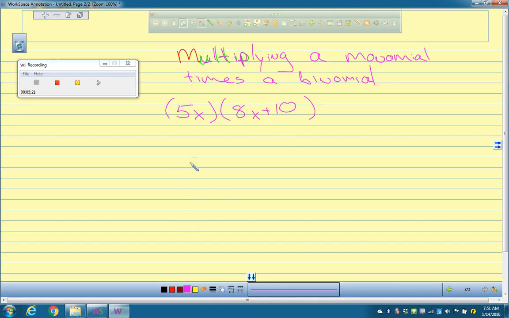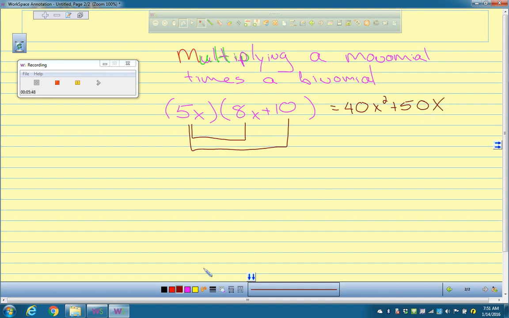Okay, how do I do that, Jessica? You have to distribute. So you have to multiply this times this, and then this times this. So when you do that, 5 times 8 is 40x squared plus 5x times 10 gives you 50x, right?